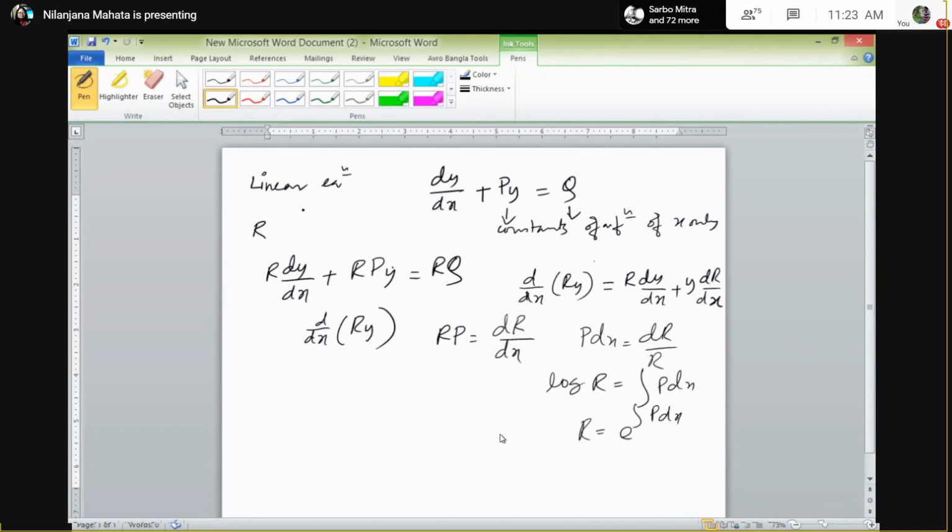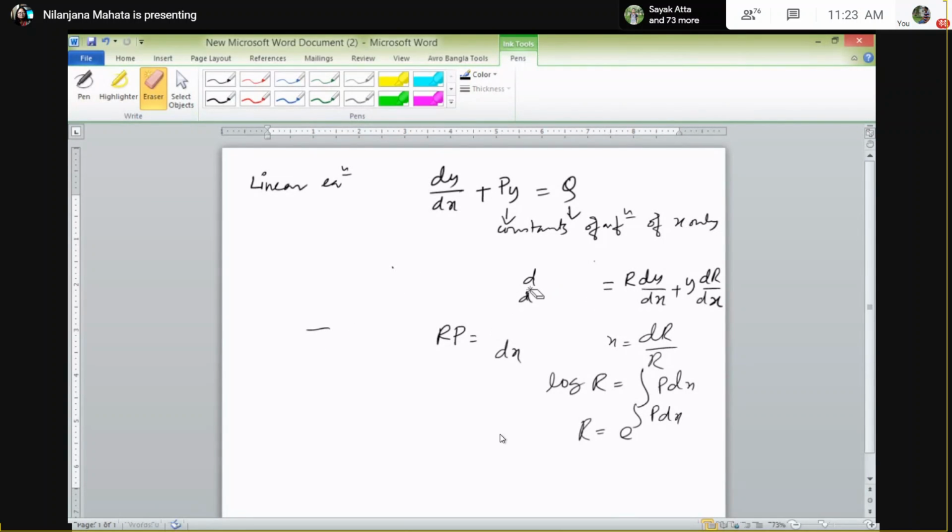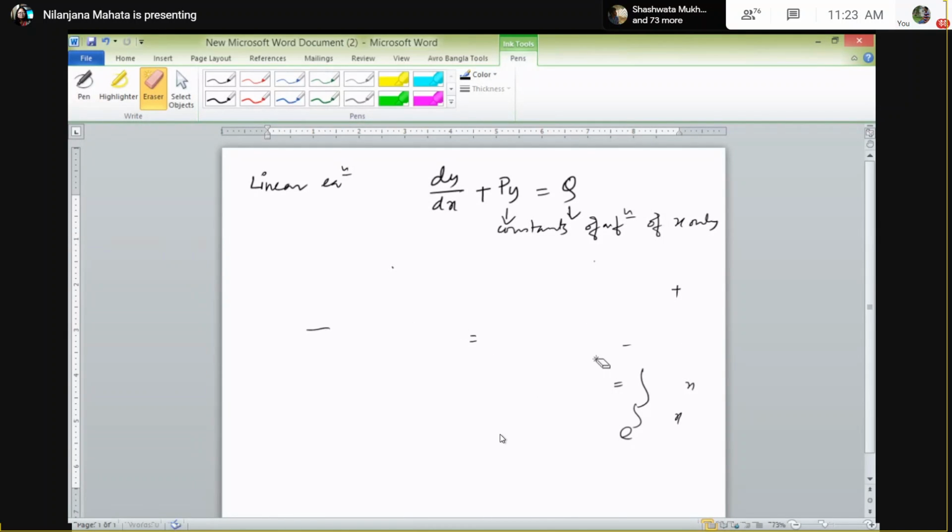And suppose sometimes it happens it is in the form dy/dx + Py = Q y^n.